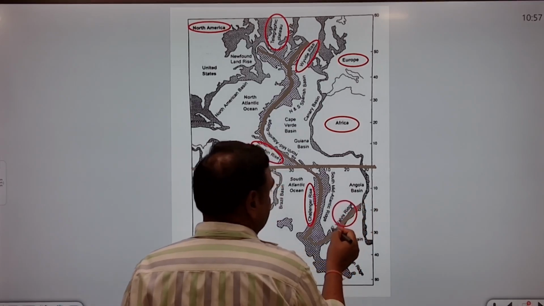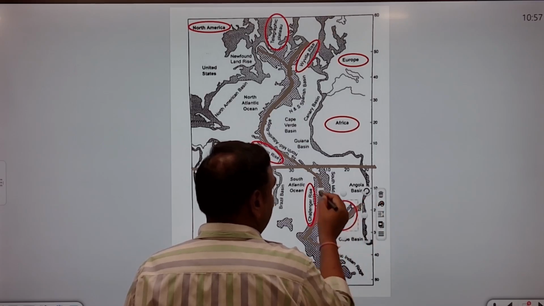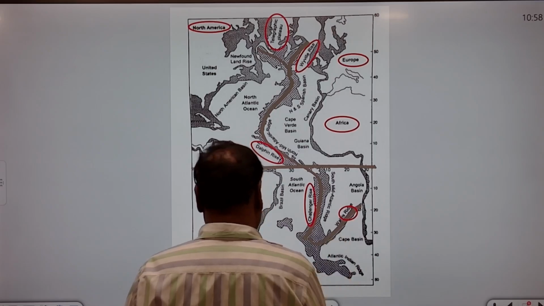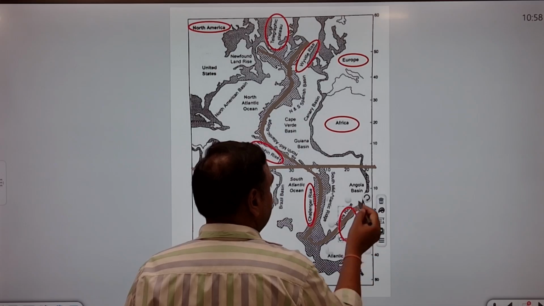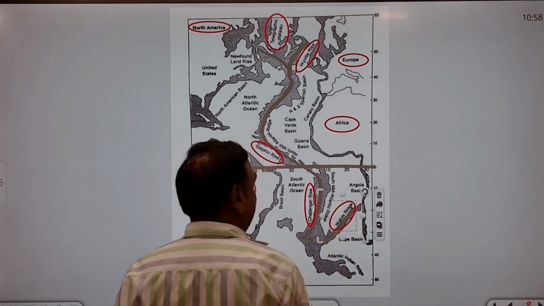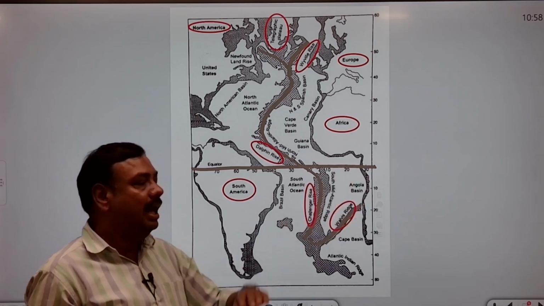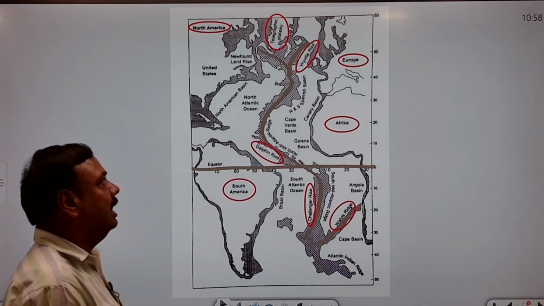Walvis Ridge is considered a branch of the Challenger Rise that is moving towards the African continent, right? So it is also a part which you can consider here.